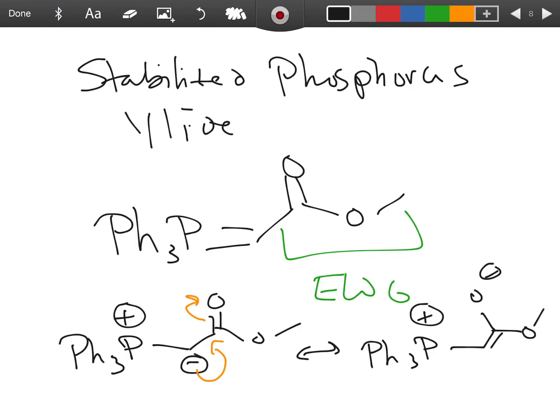So you add to an aldehyde, you get a negative charge on the oxygen. Negative charge likes positive charge. It attacks the phosphorus. You get an oxyphosphatane, which is this four-membered ring with phosphorus and the oxygen in it. And then you break those bonds. If you remember, it does something like this.